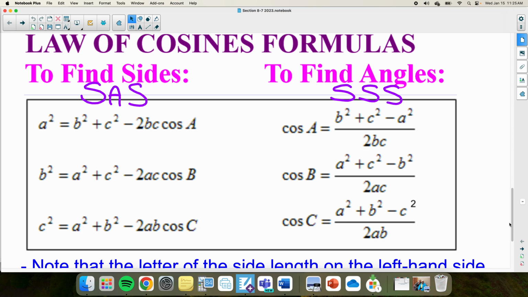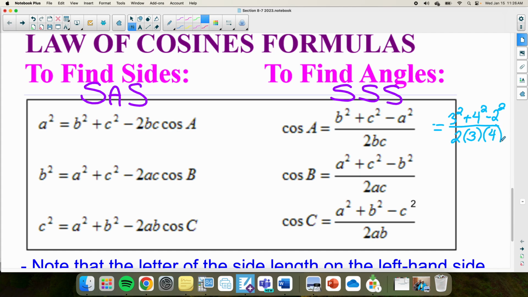And this is super important. When we put this into our calculators, let me just give you an example. Say this was 3 squared plus 4 squared minus 2 squared over 2 times 3 times 4, okay?